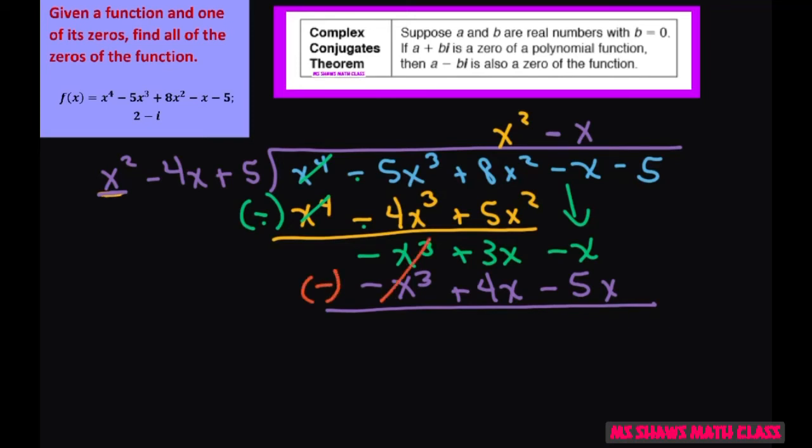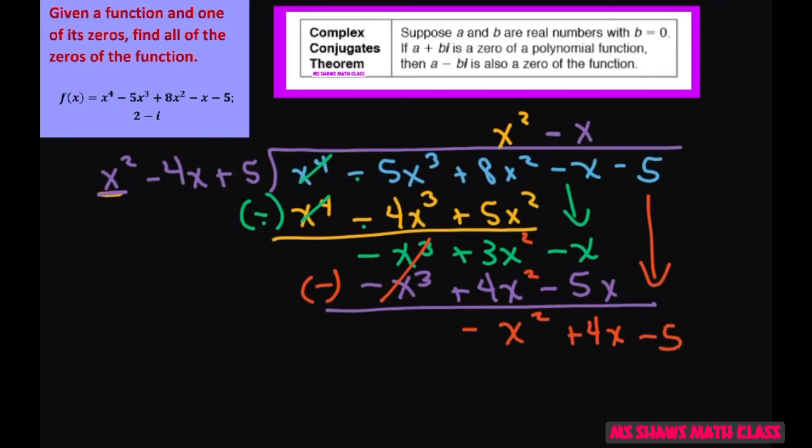So this goes away. You get negative x squared, sorry, this is squared. So negative x squared, and this is going to be plus 4x. And then we bring down the negative 5.